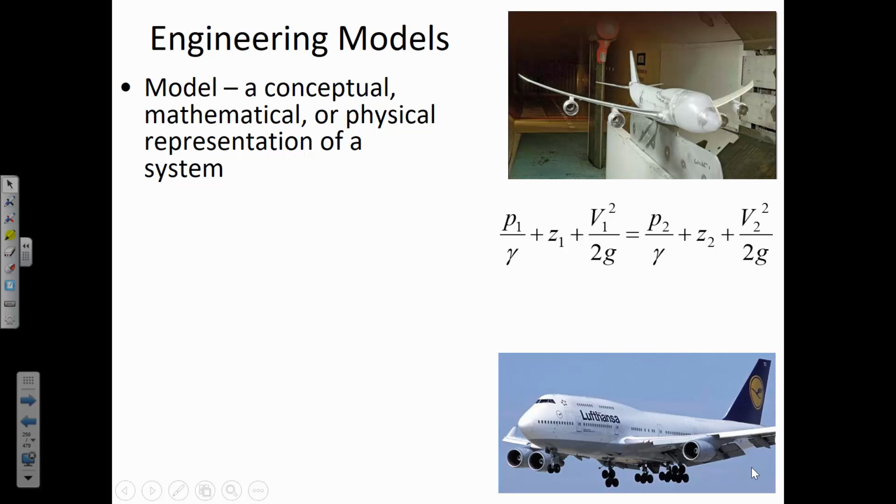Now Bernoulli's equation is a fundamental model. It's based on the first principles of physics. There are also empirical models, things that are just based on observations of data. Like if I gave you a model that said the range of an aircraft is equal to the fuel that you have on board divided by 4.37 minus 0.43 times the weight.